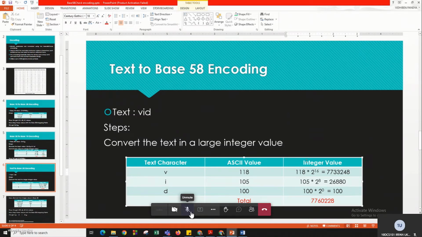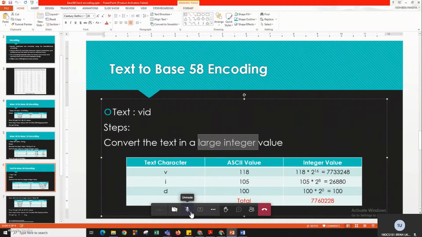So the multiples of 8 are 8 into 0, 8 into 1, 8 into 2, and then 8 into 3, if there is any fourth character. Whatever values we get in the multiplication, we add them. After adding all the values, we get this number, which is nothing else but the large integer value for the text "vid".